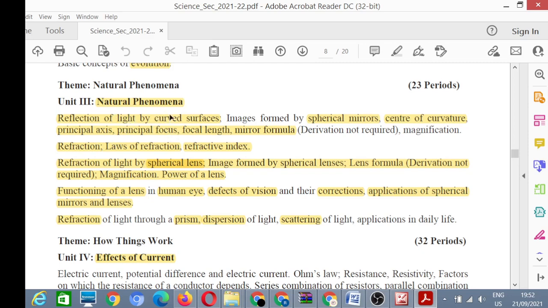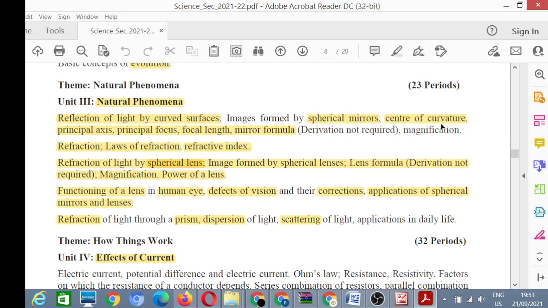Here we see only the topics which belong to your syllabus. First is reflection: surfaces, then images formed by spherical mirrors. Only spherical mirrors are in your syllabus.